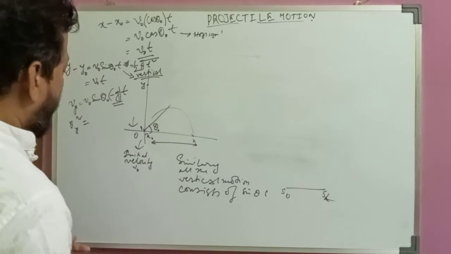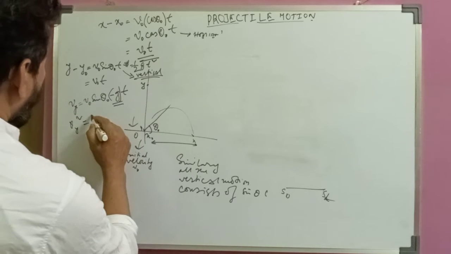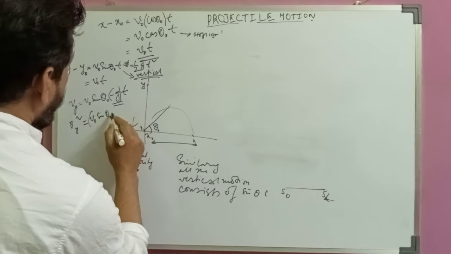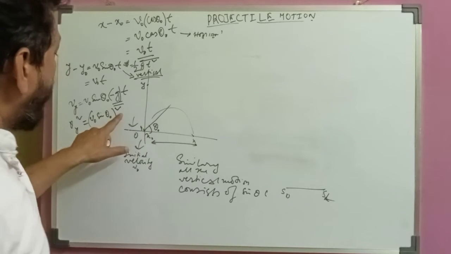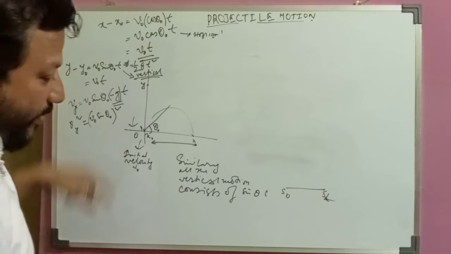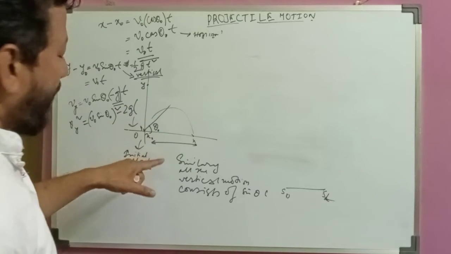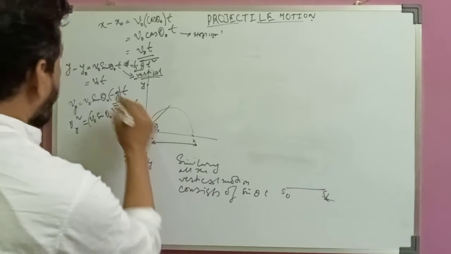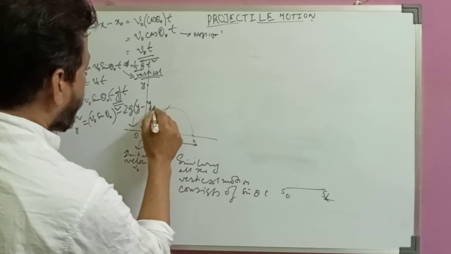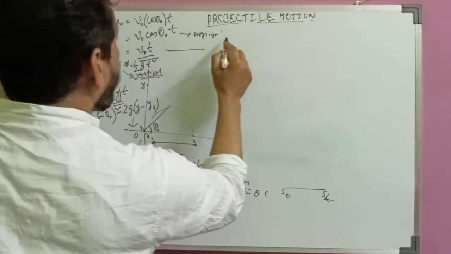Now here we will get the same thing: v naught sine theta 0, whole square, and here minus, automatically it will become minus, 2g s y. So y minus y0, whatever it may be, we have written y minus y0. These are the formulas.